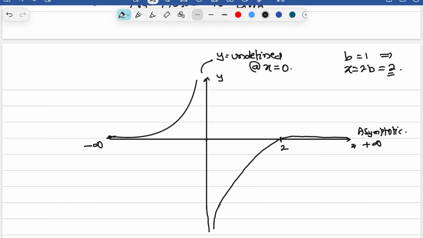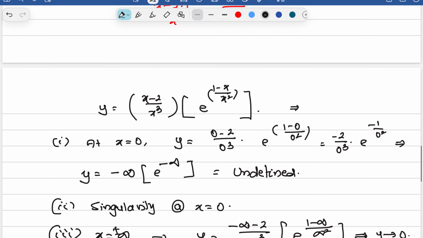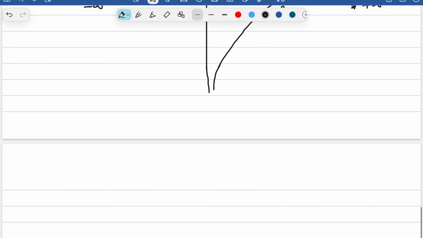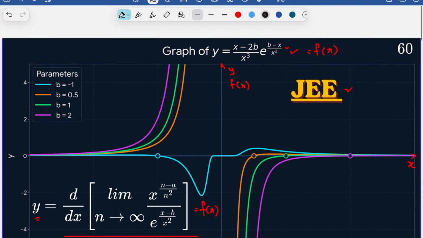This is how we can draw the graph of the given function. Try to draw the graph for other values and cross check with whatever I have given here.